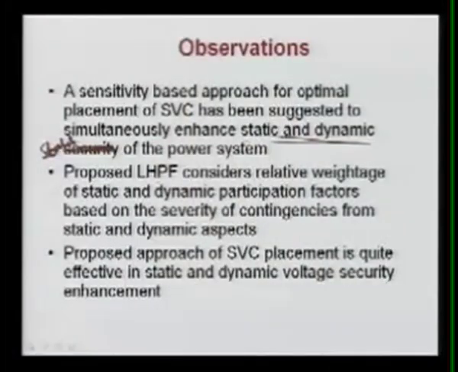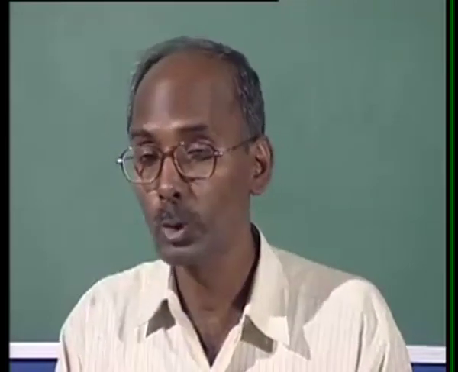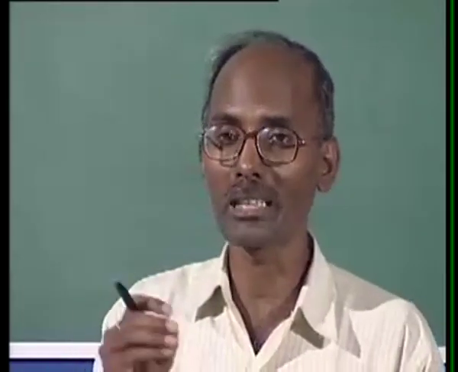It is again for the base case as well as some contingency cases, because in the base case there is a possibility that you are locating a different location. However, for contingency cases the optimal location may be different. So you have to compromise, and for all the system scenarios you have to choose a suitable location that can give you the maximum benefit.